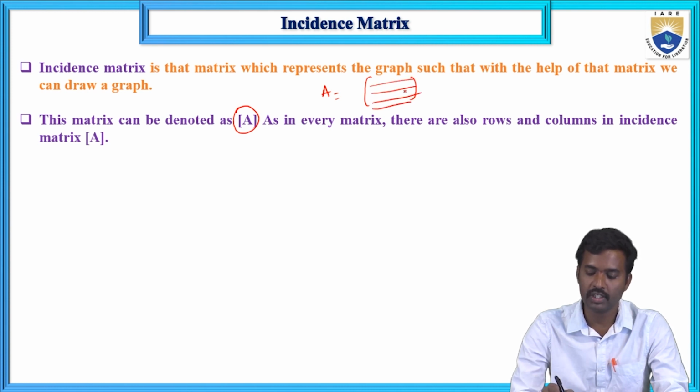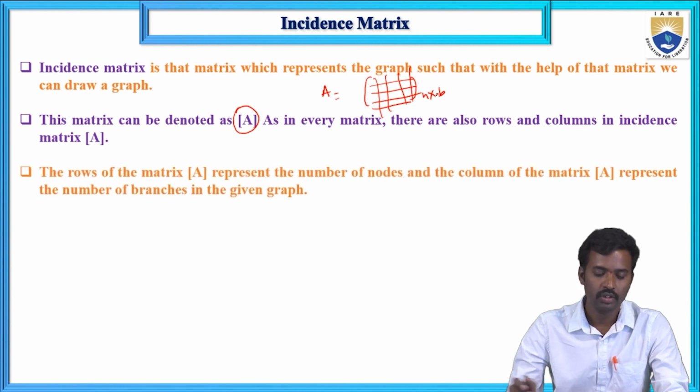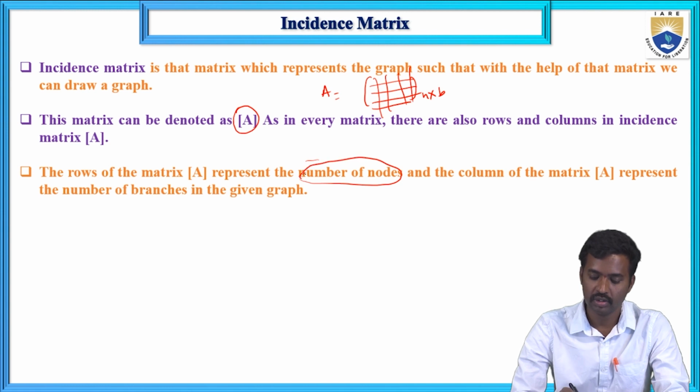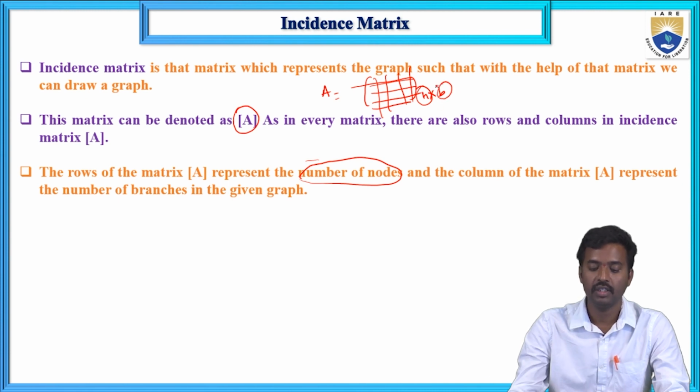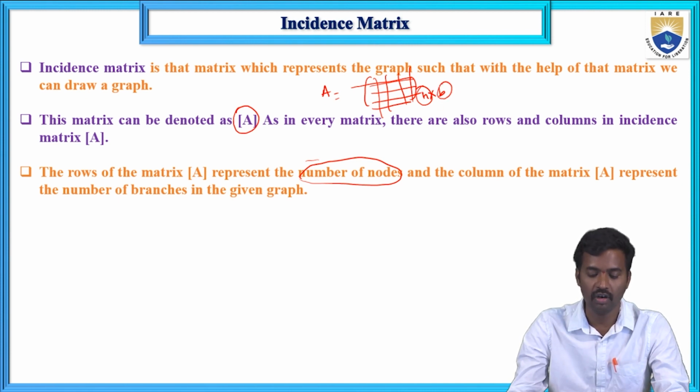Here rows represent the number of nodes and columns represent the number of branches in the network graph.